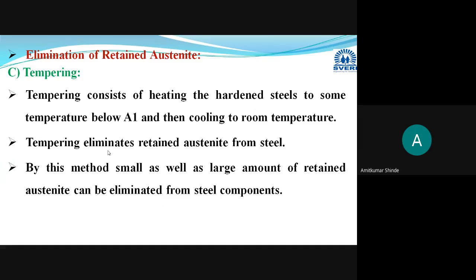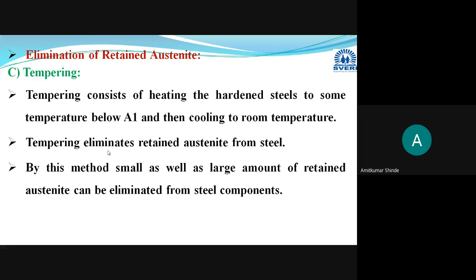By performing the tempering heat treatment process on the hardened steel component, which is performed below the A1 temperature, after a sufficient amount of time, the retained austenite is eliminated. I will explain in the next point how this tempering process is conducted.